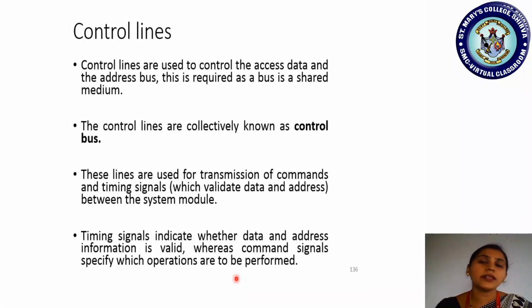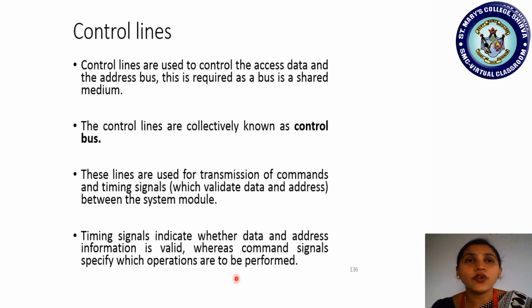So in the system bus we have three main lines: data lines, address lines and control lines. You know the function of the control unit; control lines follow the same concept. They are used to control access to the data and address buses, which are a shared medium.